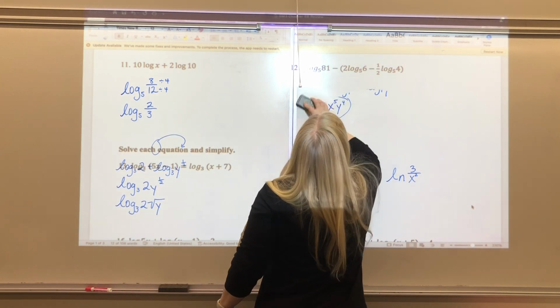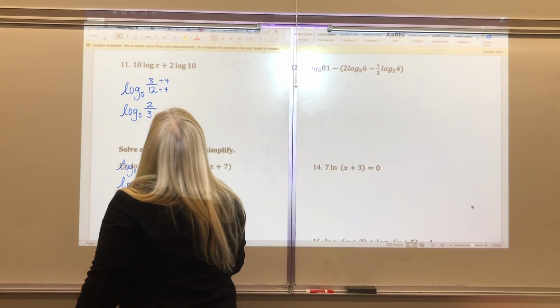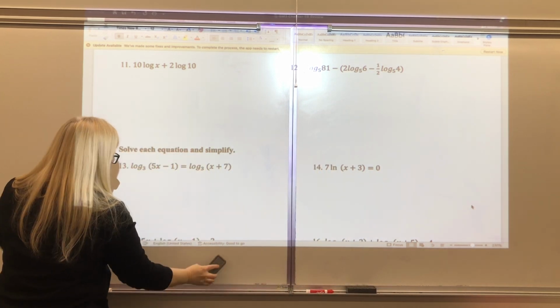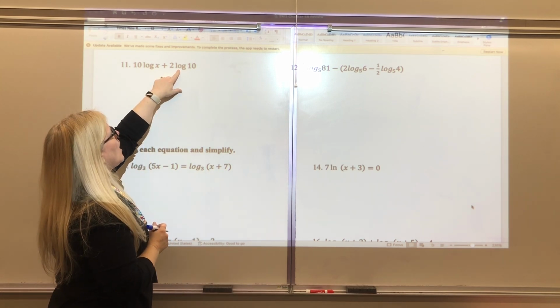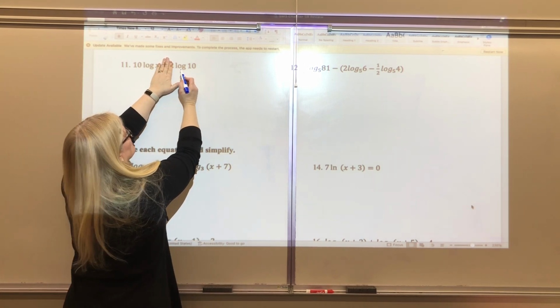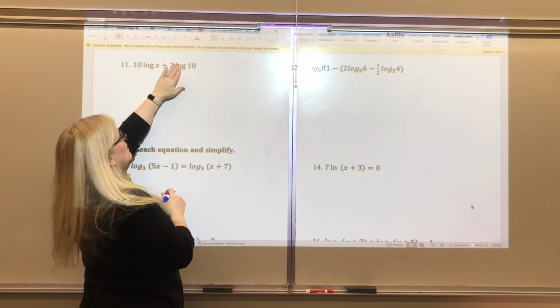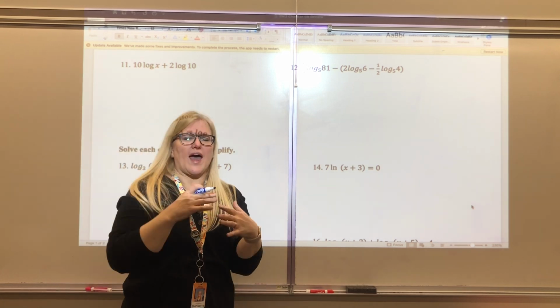Number 11. I like this problem because people will look at this and go, oh, you know, log 10 is log base 10 of 10. This is just 1. And then 1 times 2 is 2, and then I can do that.